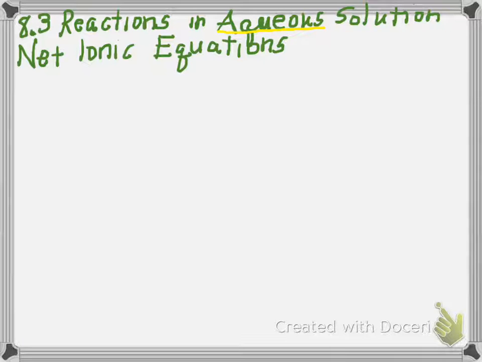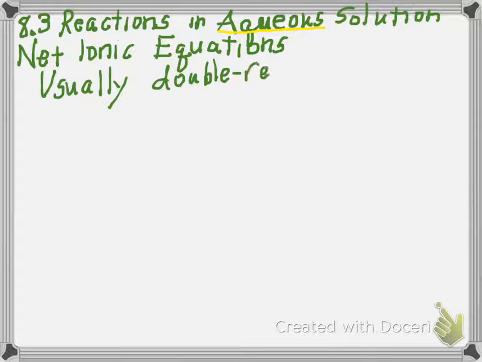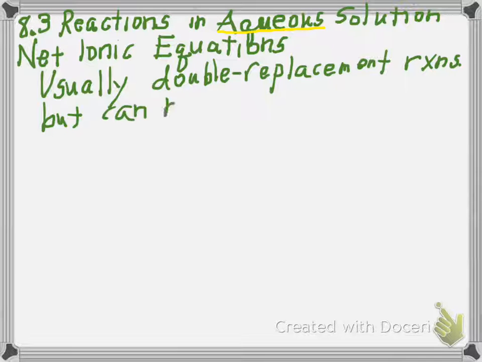So, to start talking about net ionic equations, you will typically be asked to do a net ionic equation for double replacement reactions. So these are usually double replacement reactions, but it can be a single replacement.